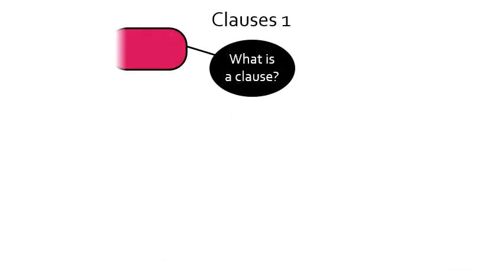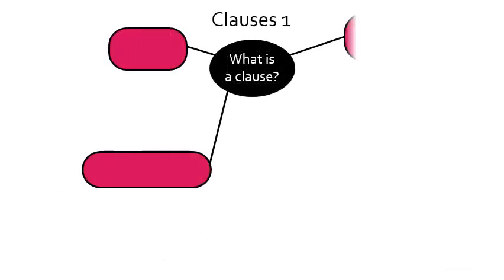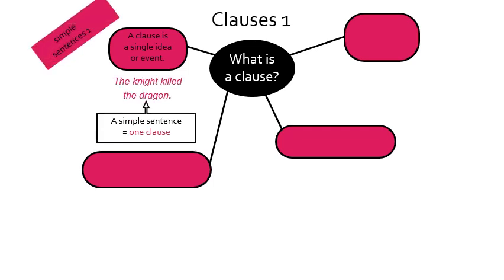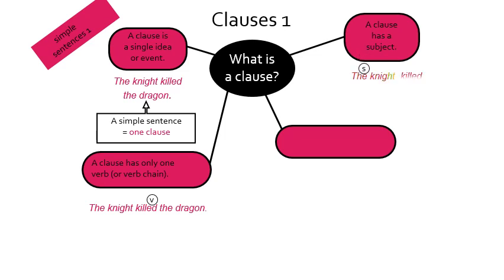What is a clause? When we have one single idea, one single event, I have one verb, I have one subject, and it might sometimes contain more details. For example, the knight killed the dragon on the high mountain.